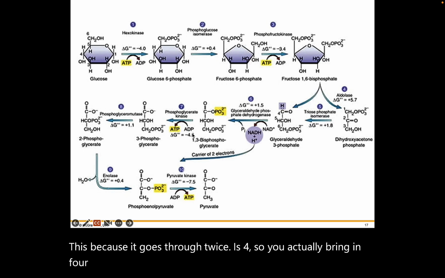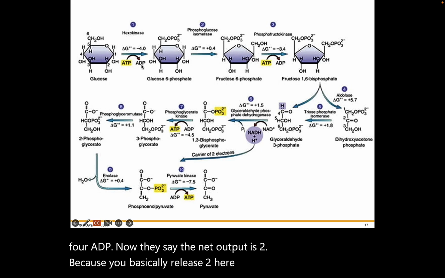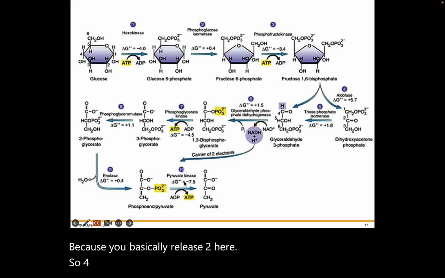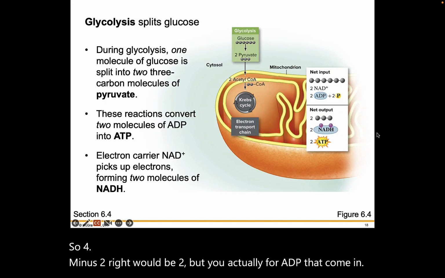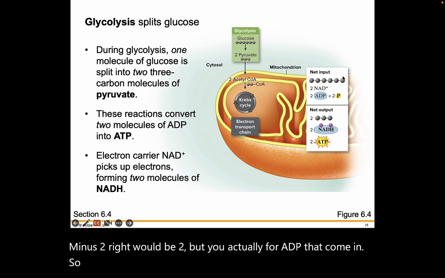Now they say the net output is 2 because you basically release 2 here. So 4 minus 2, right, would be 2. But you actually have 4 ADP that come in. So here are the net inputs, right?